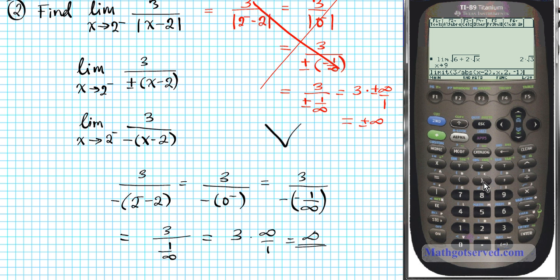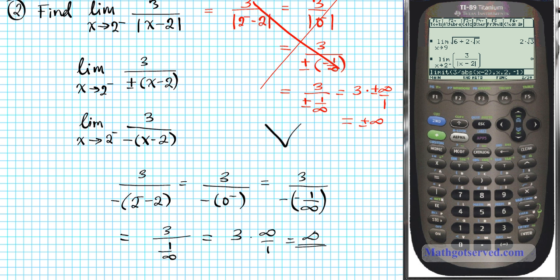Okay? Now, how does the calculator read this argument? It just reads it as evaluate this expression as x approaches 2 from the direction of the sign of this number. So it simply extracts the negative piece from here, okay? So you press enter, and then you see what you get there, infinity.